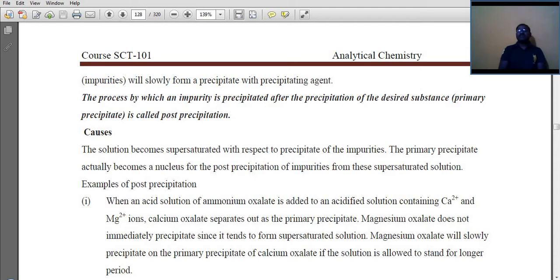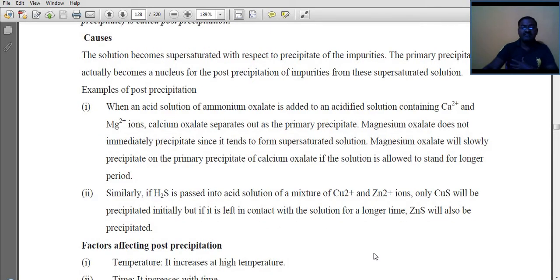The process by which an impurity is precipitated after the precipitation of the dissolved substance is called post-precipitation. What are the causes? Here, an acid solution of ammonium oxalate is added to an acidified solution containing Ca2+ and Mg2+. H2S is passed into a solution of a mixture of Cu2+ and Zn2+ ions.